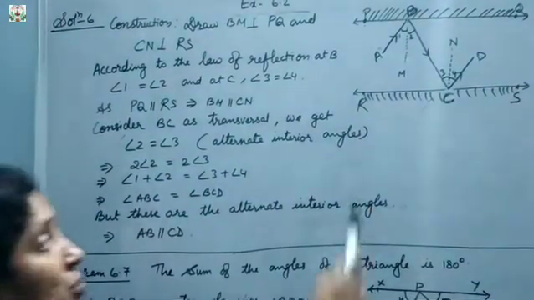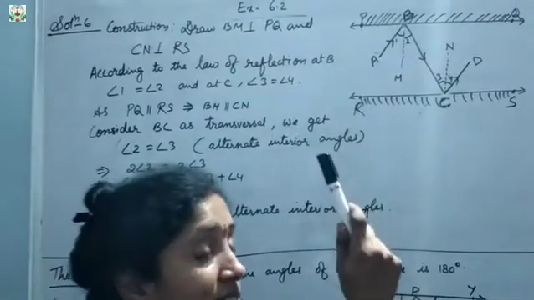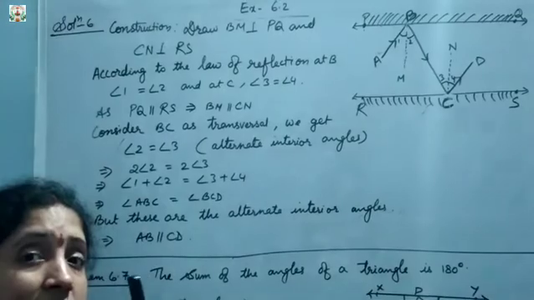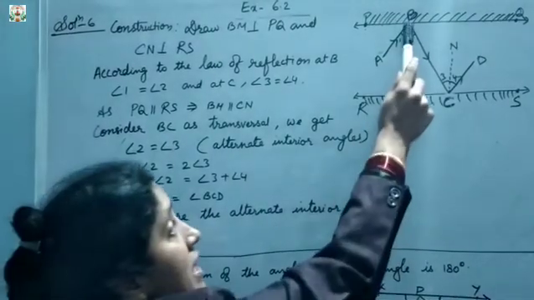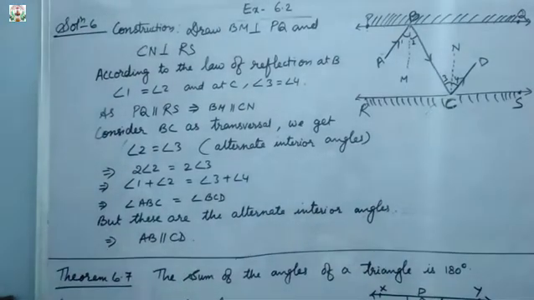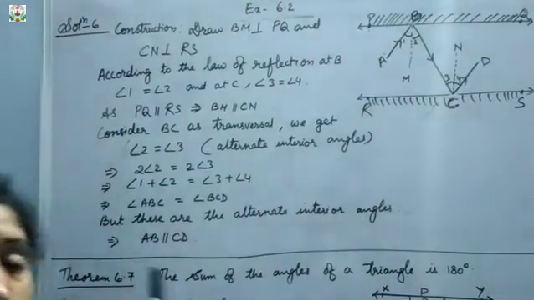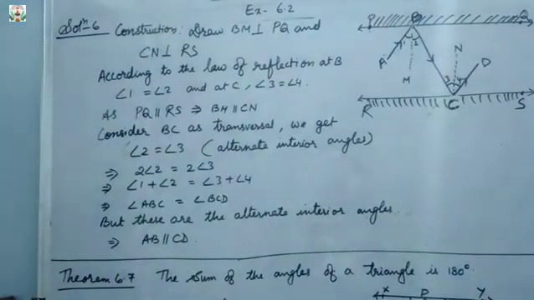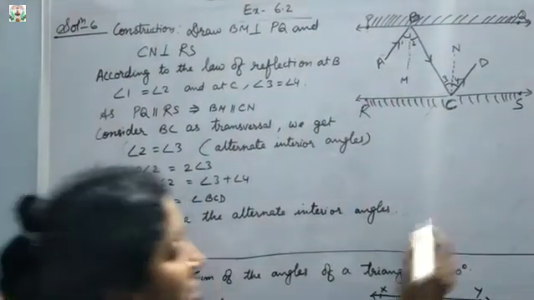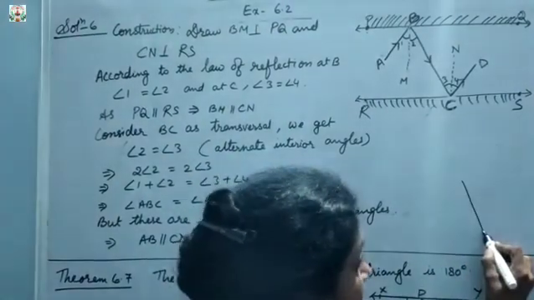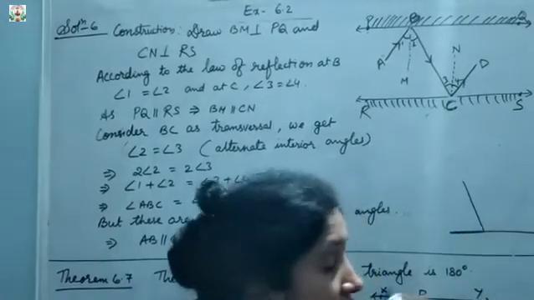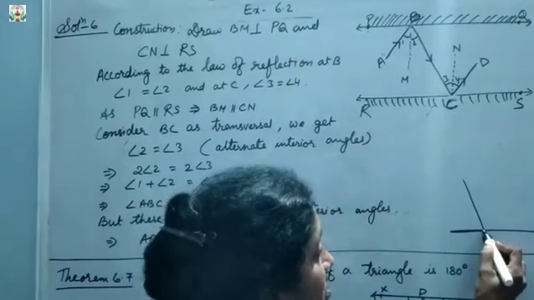So we have to draw in the incident and reflected rays. The laws you have read in class 9: a normal is drawn which is perpendicular to the plane. Likewise, the incident ray touches the mirror and then reflects back.